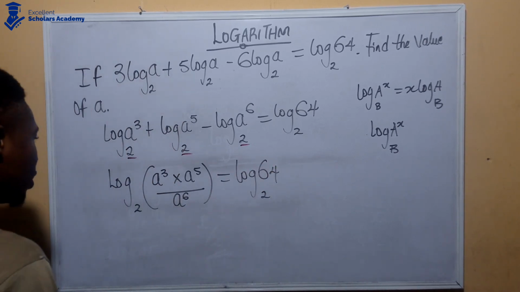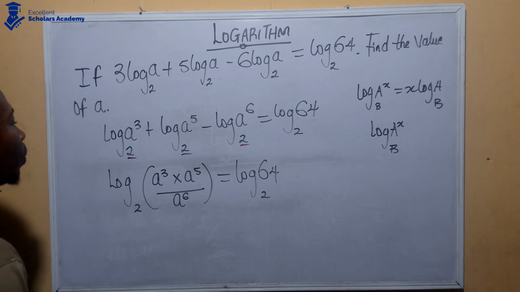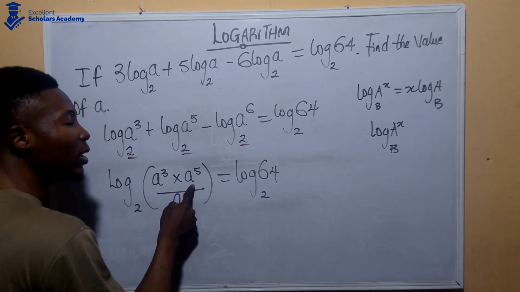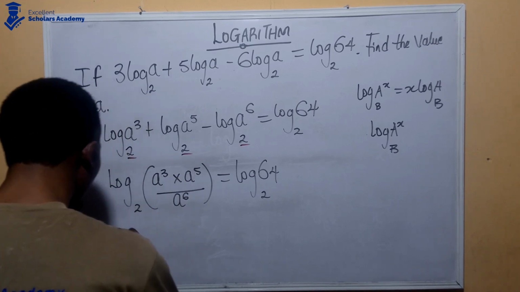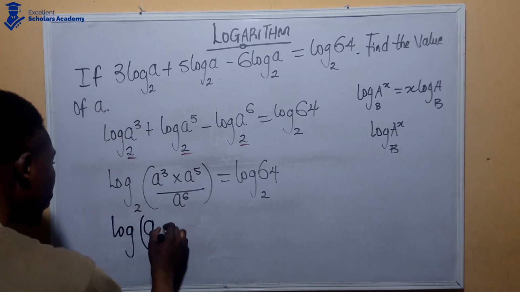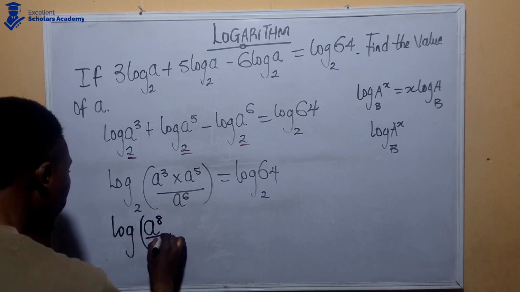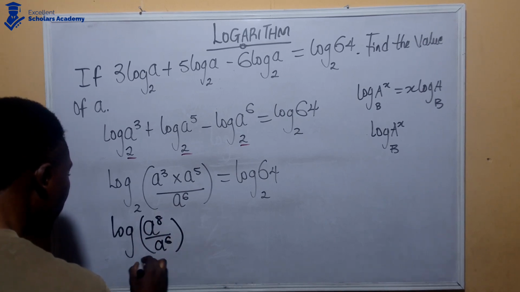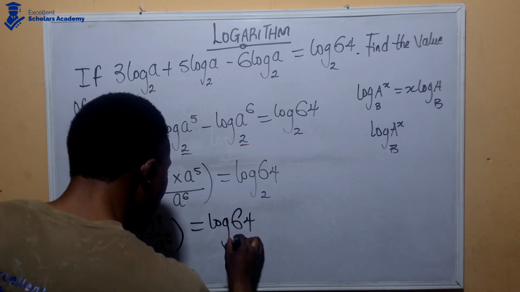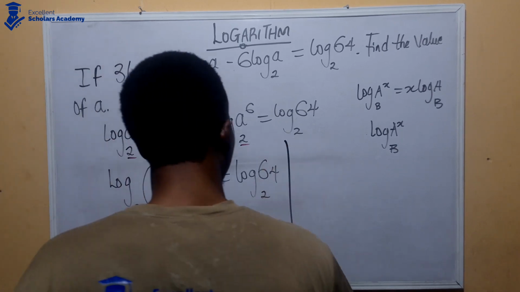Now let's continue. According to the law of indices, this is a to the power of 3 multiplied by a to the power of 5. They are both a, so add their powers. So this becomes log a to the power of 8 over a to the power of 6 base 2 is equal to log 64 base 2.